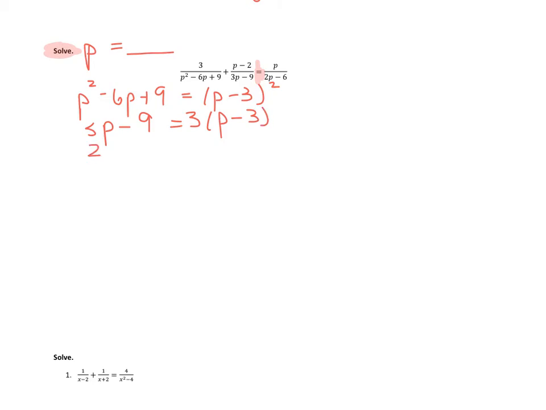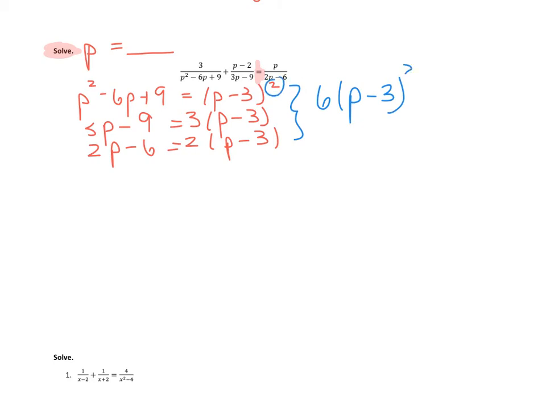And this one's a little bit different because we have numbers, but it's going to be the same process. So we definitely can't have p be 3. In our LCD, we need a factor of 2 and 3, so 2 times 3 is 6. And how many copies of p minus 3 do we need?